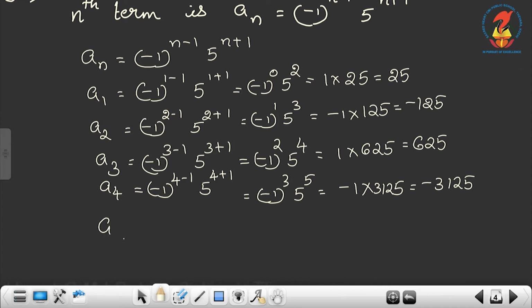Then the last term is a5, minus 1 raised to 5 minus 1, 5 raised to 5 plus 1. Okay. So minus 1 raised to 4, 5 raised to 6.